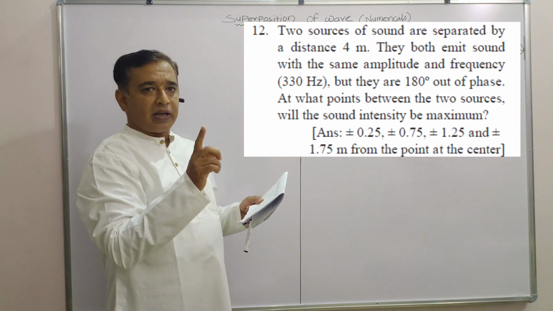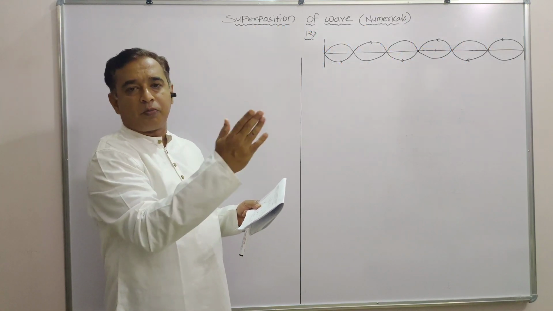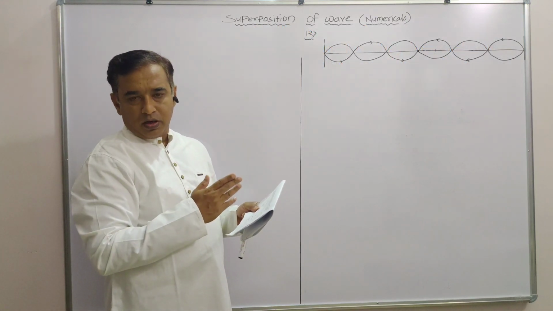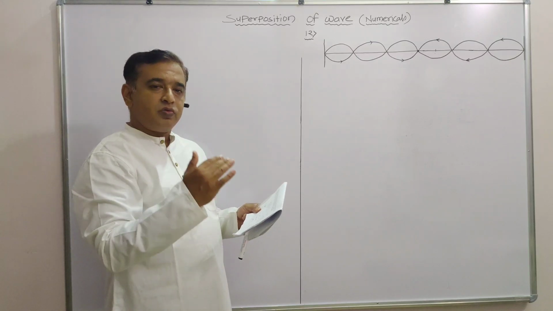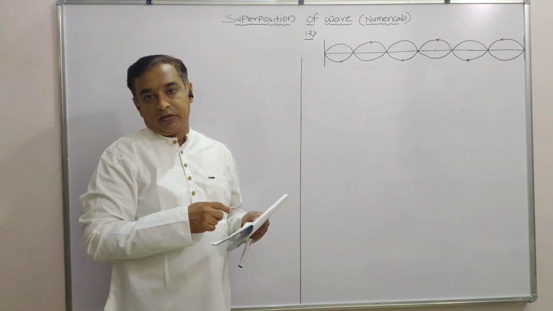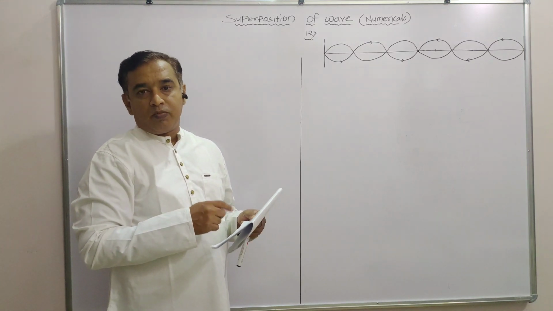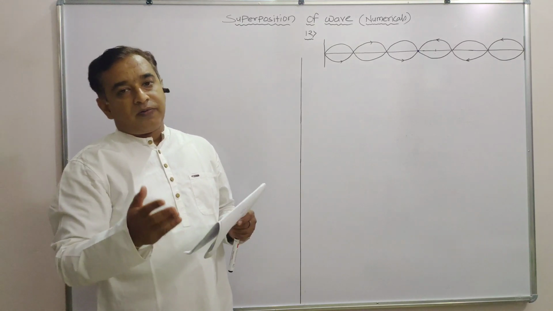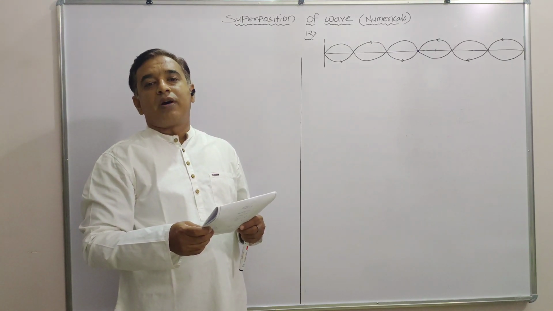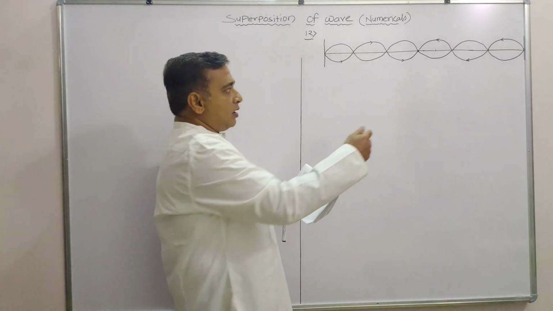We are not likely to get a single point; we are going to get a number of points. Obviously these two waves are approaching each other, traveling opposite to each other, so their phase is changing by 180 degree. What exactly does this mean?